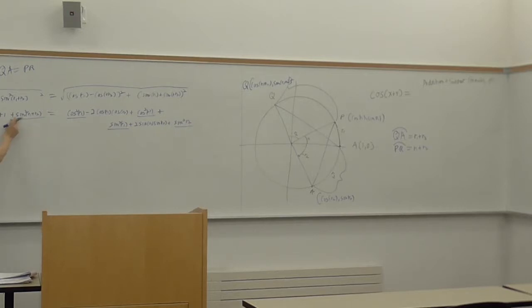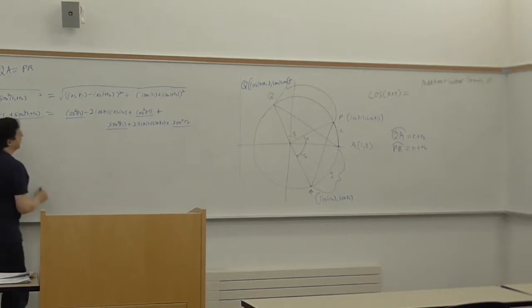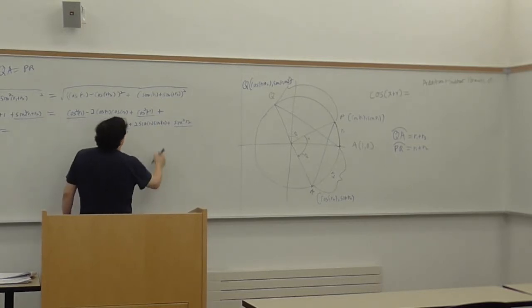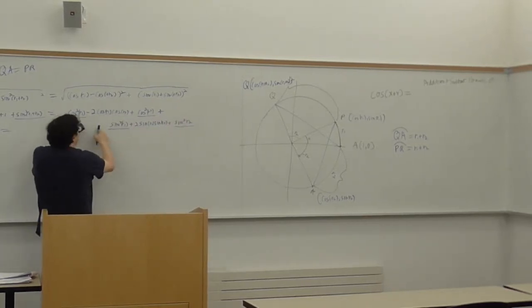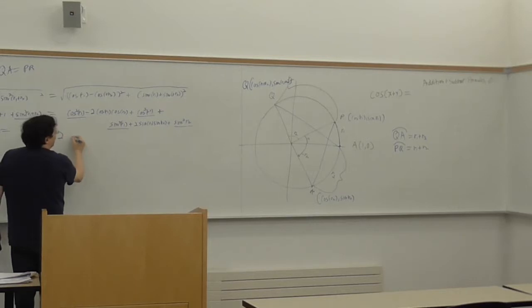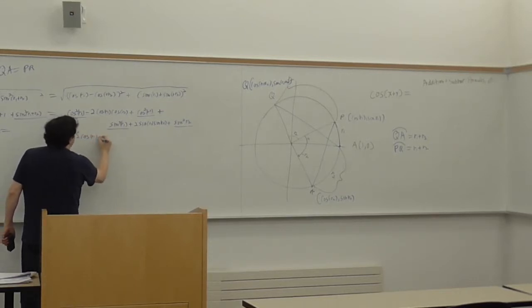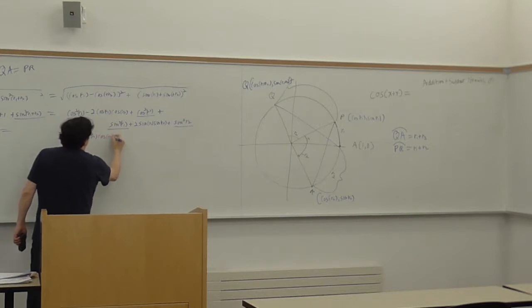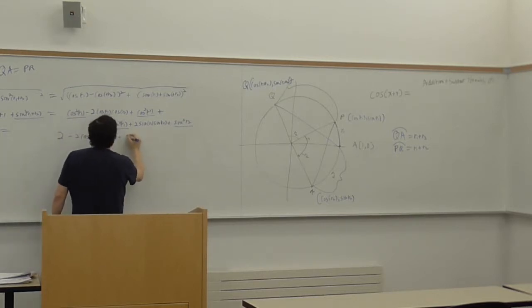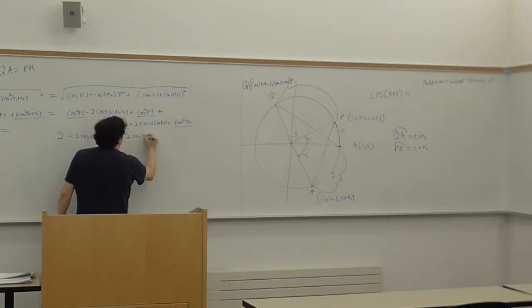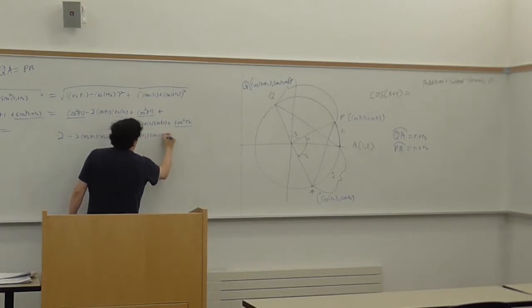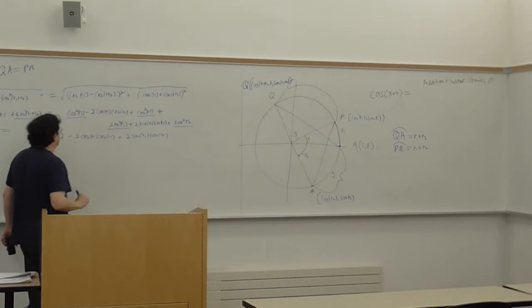This is 1, and we've got another one here, so it's 2 minus 2 cosine R1 plus R2. And what's that equal to? Well, we've got a 1 here and a 1 here, so that's 2 minus 2 cosine R1 cosine R2 plus 2 sine R1 sine R2.